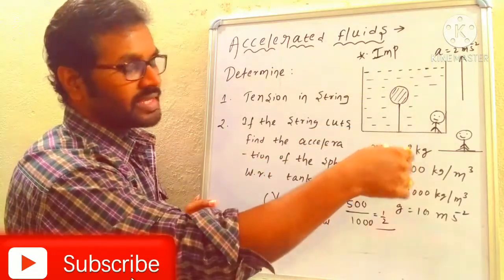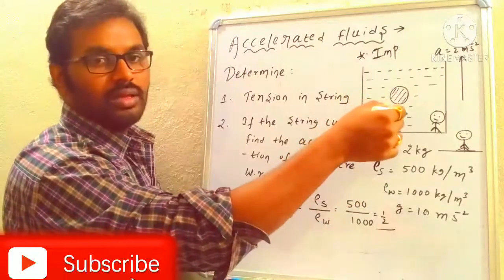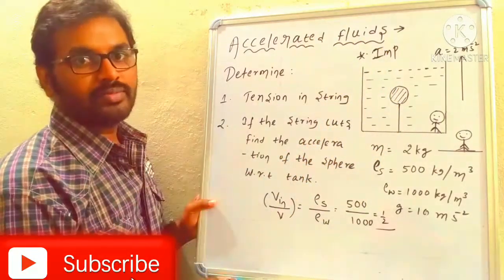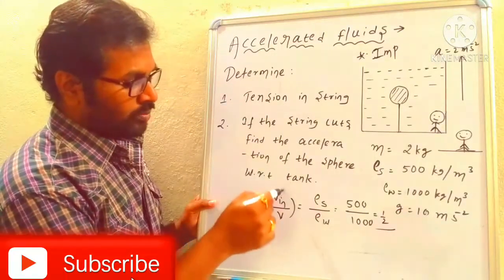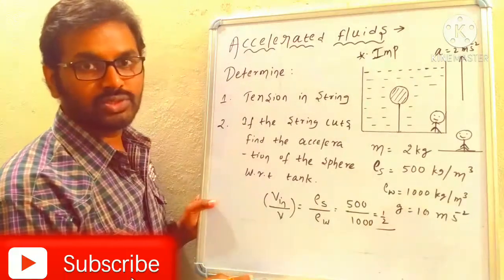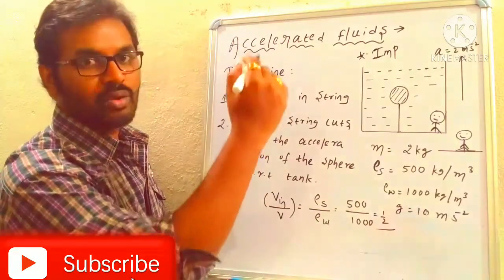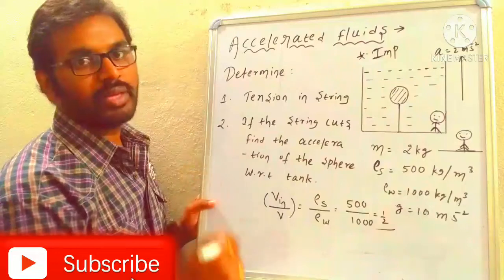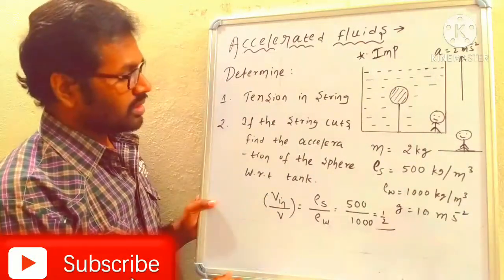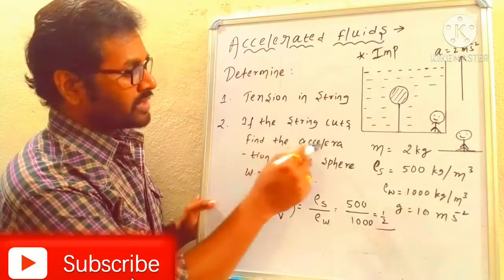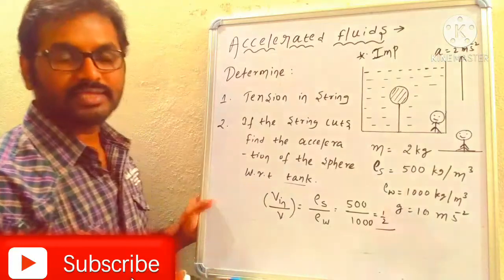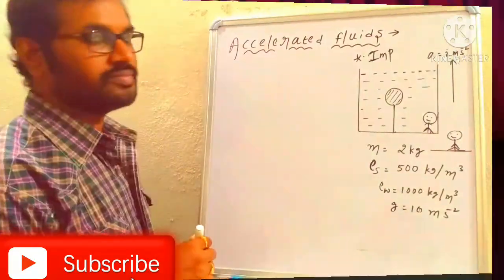Because of its lesser density, the sphere will move upward, and the fractional volume inside the liquid is 1 by 2, which means half of the sphere is outside and the remaining half is inside the liquid. And then we need to find the acceleration of the sphere as it is moving up with respect to the tank. That is the question.